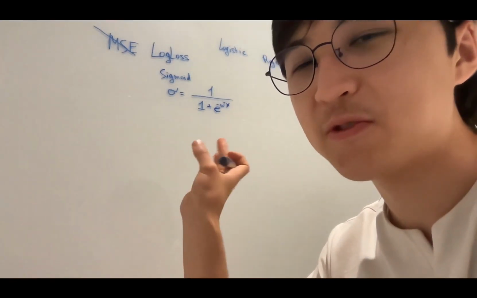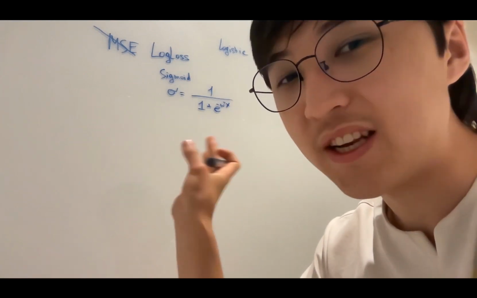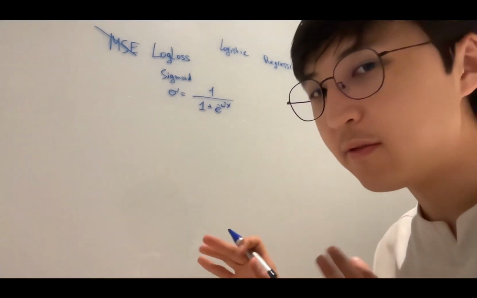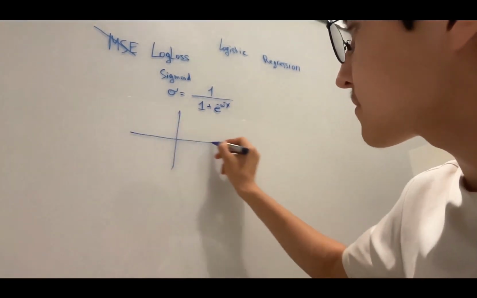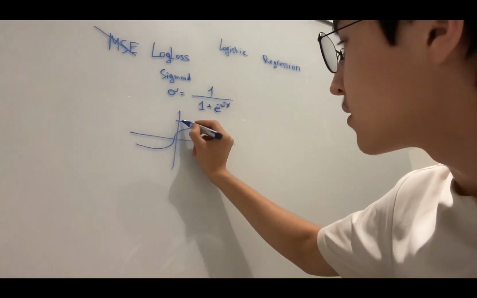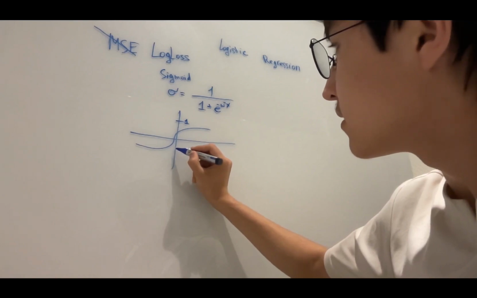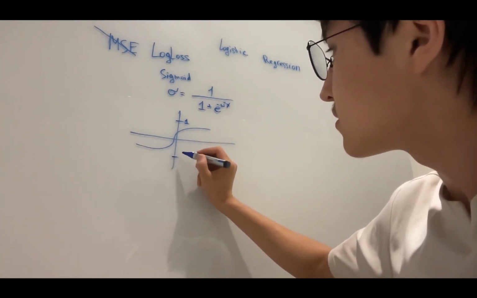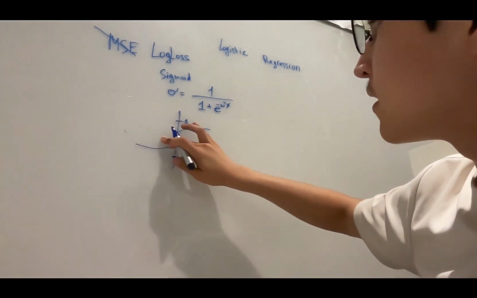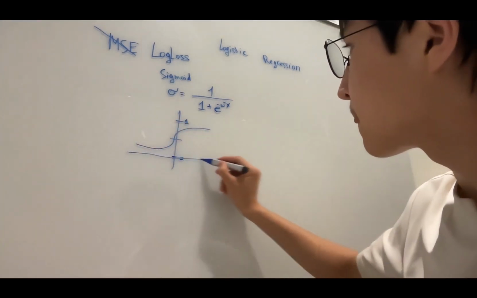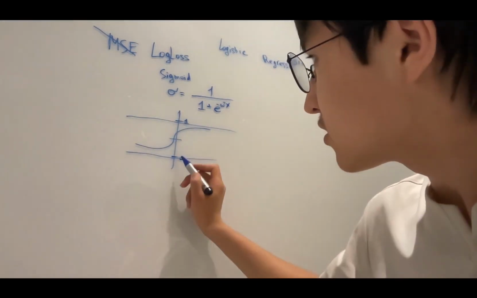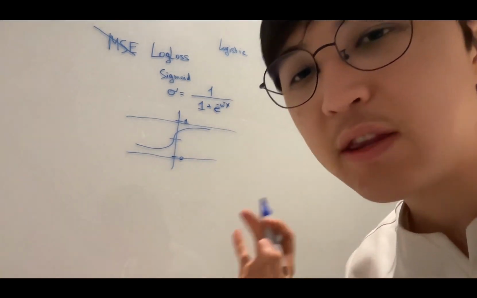When I first saw it, it shocked me, and it was very cool, because this function accepts any value, but the output is always between 0 and 1, despite any value you give.